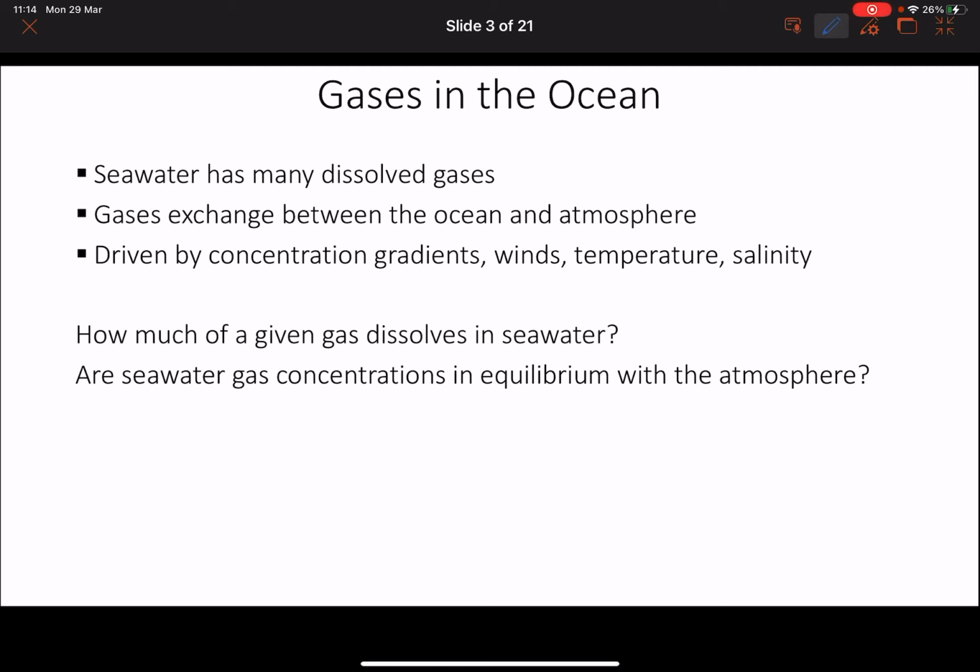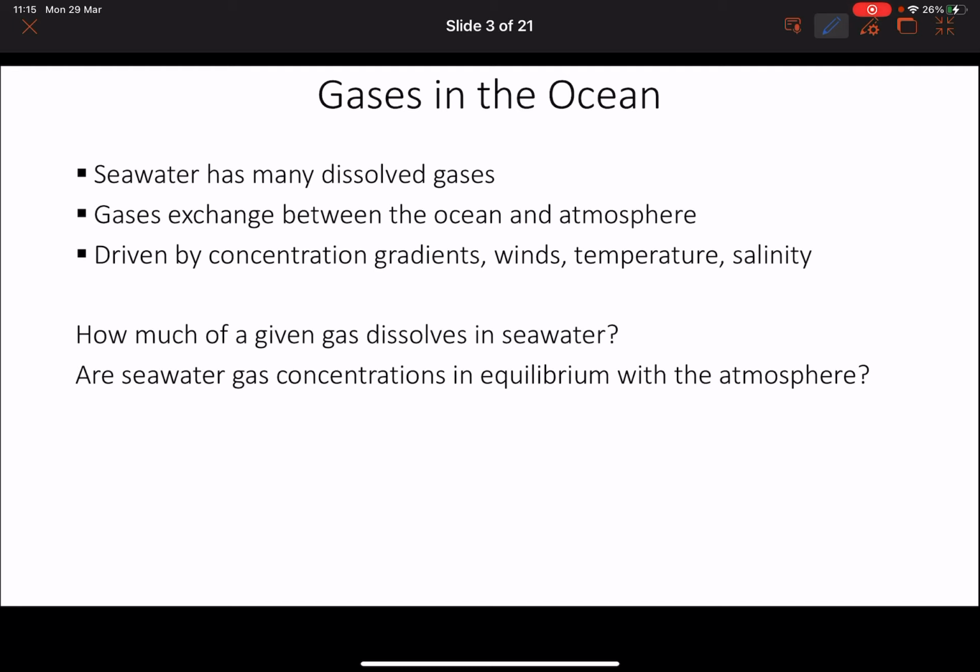And so seawater, the ocean, is in contact with the atmosphere, and seawater itself has many dissolved gases. And these gases exchange between the ocean and the atmosphere. And there's a lot of things that control this exchange. One of them is the concentration gradient, so how much of the gas is in the atmosphere versus how much is in the ocean. Winds play a big role in this. The temperature of the seawater and the salinity of the seawater.